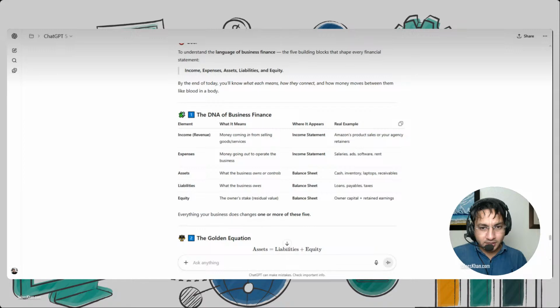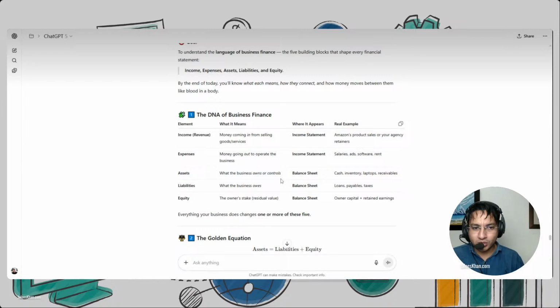We have to cover 3 statements: the income statement, the balance sheet, and the other one which Anjum Bhai explained, I think the cash flow statement. Income appears in the income statement; expenses, salaries, ads, software, rent, also appear in the income statement.